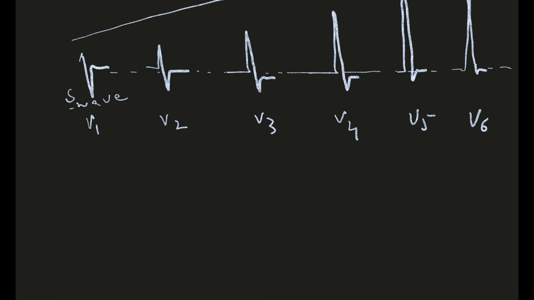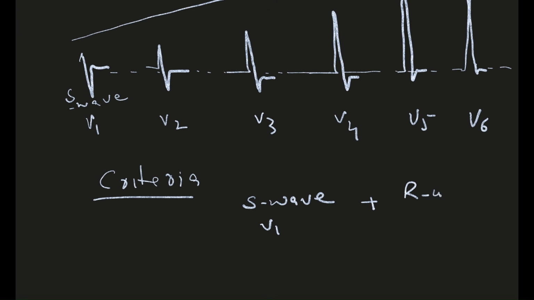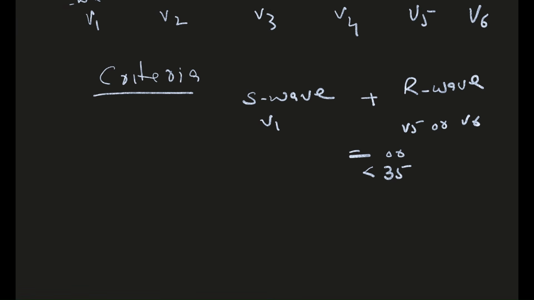Now what is the criteria? The criteria says that if you take the S wave of lead V1 and add it to the R wave of either V5 or V6, if the sum is equal to or more than 35, sorry, the sign will be the other way.